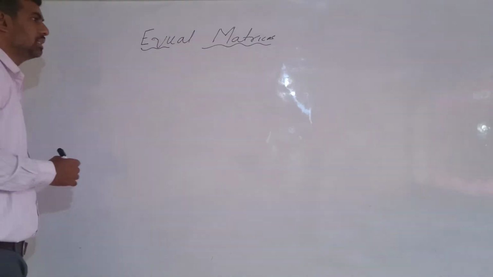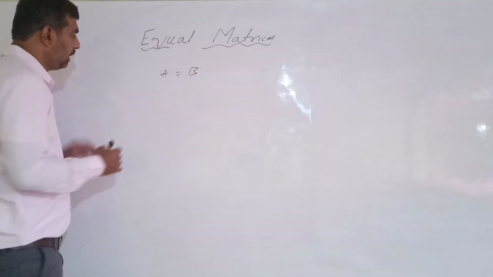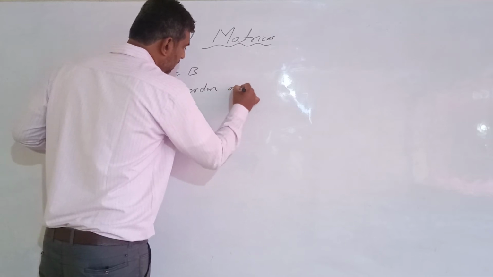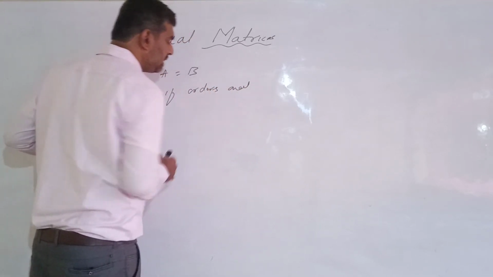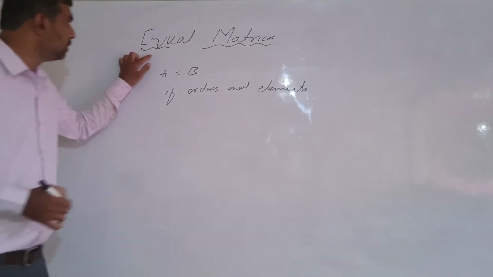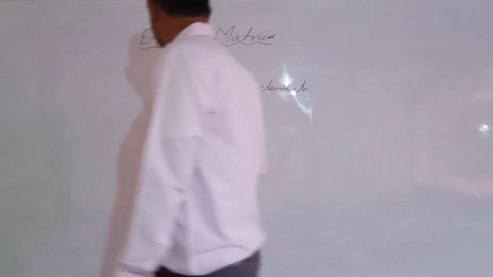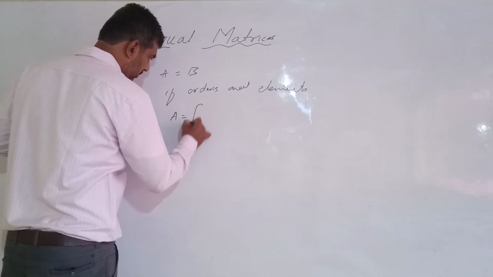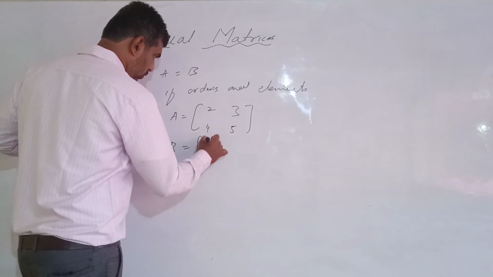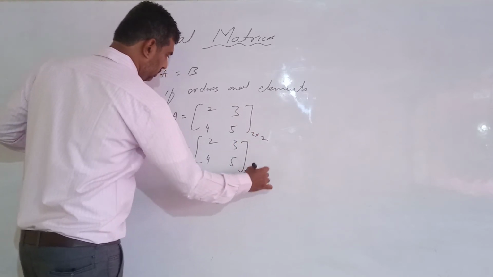we see equal matrices. Two matrices A and B are said to be equal if the orders and the elements are the same. For example, matrix A is 2, 3, 4, 5 and matrix B is 2, 3, 4, 5, both 2 cross 2.